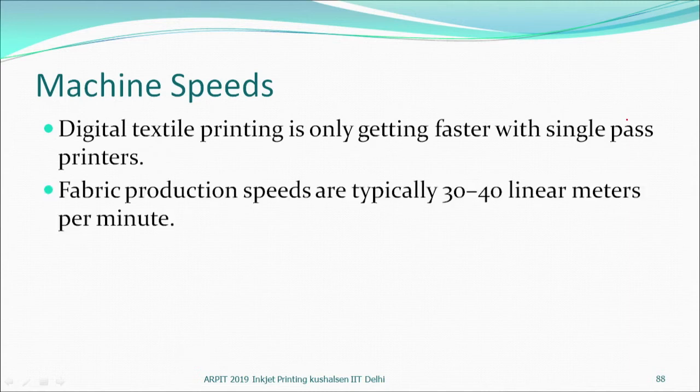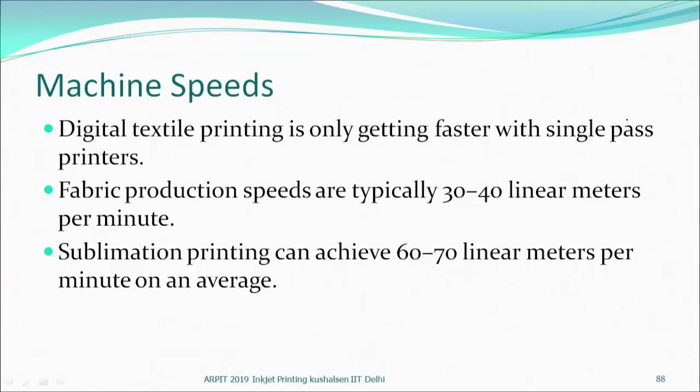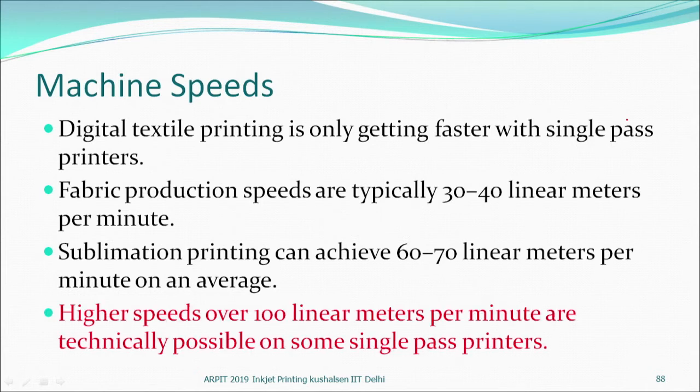Fabric speeds in these single pass machines could be 30 to 40 linear meters per minute, depending of course on the design, how much coverage that design has. Sublimation, which is the paper printing, can be done these days at 60 to 70 linear meters per minute, and people are hoping with a little bit more adjustment, higher speeds close to 100 linear meters per minute are technically possible on some single pass inkjet printers.